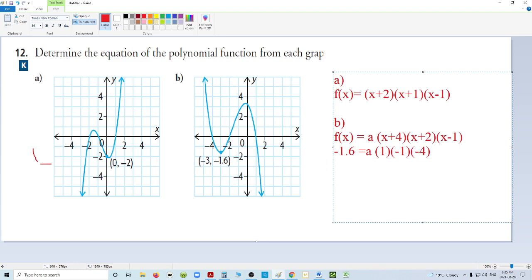So I can see minus 1.6 is equal to 4a, which means a is equal to minus 0.4, which makes sense because it's upside down. So that means this a up here is minus 0.4. And if I do this, I'll get that graph.